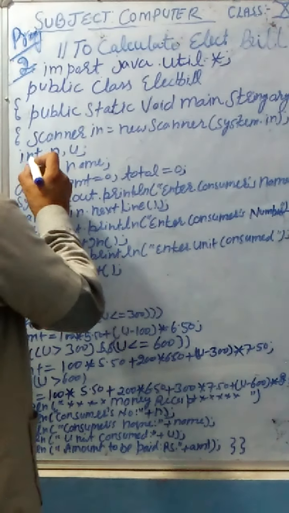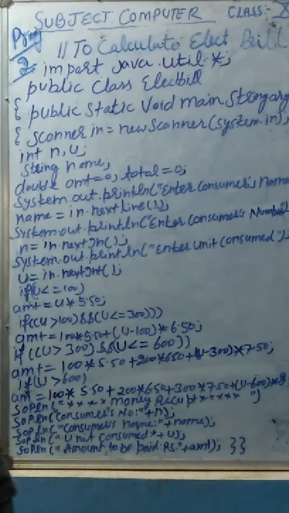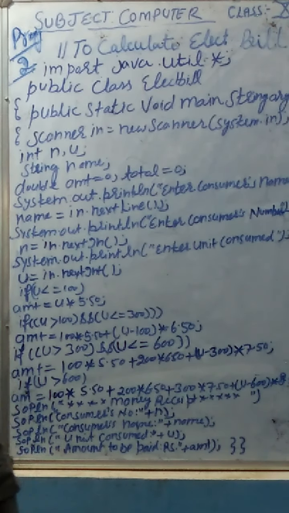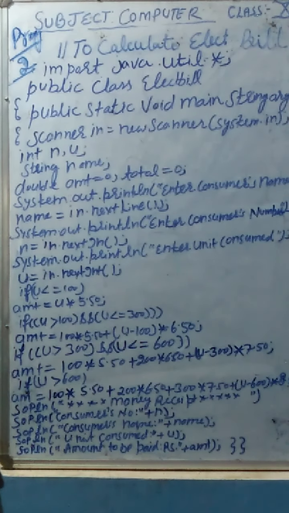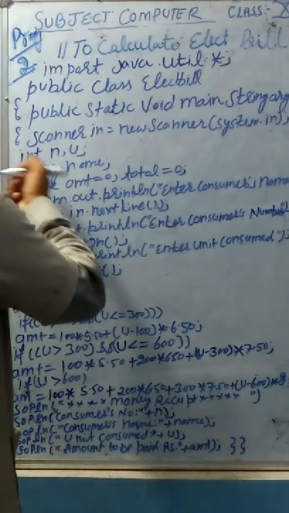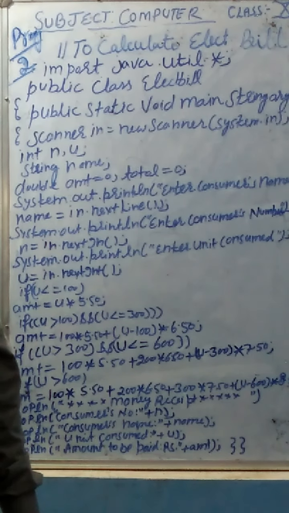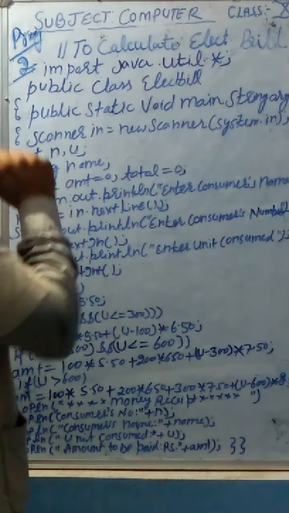The consumer number will be of integer type, so we will use the integer type of data. And the unit also we will use the integer type of data. I think you have already seen the unit will come as an integer type of data, rounded off. So we are using integer type of data here.